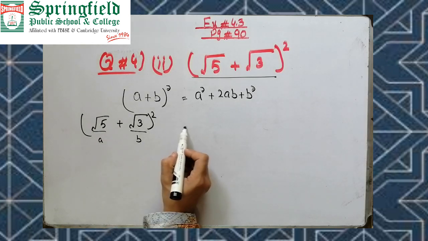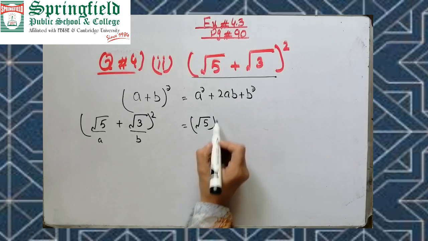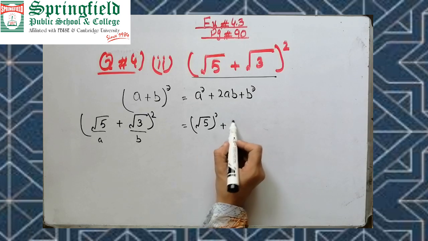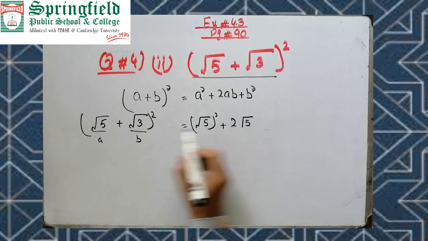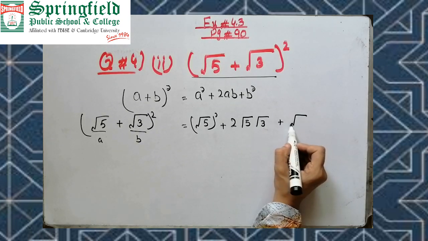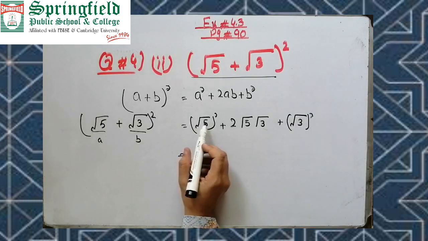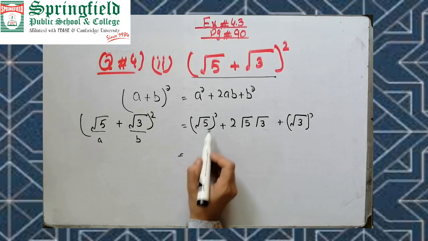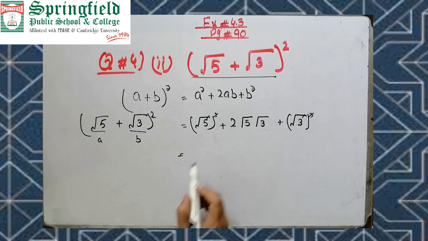So a plus b whole square is equal to a square plus 2ab plus b square. As we know that the square root value is 1 by 2, the square can be cancelled with the square root.